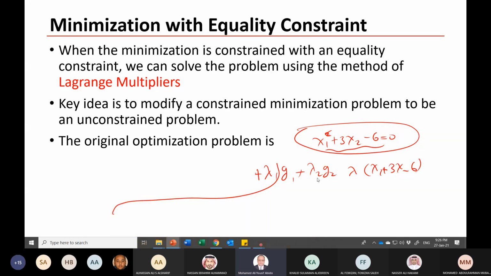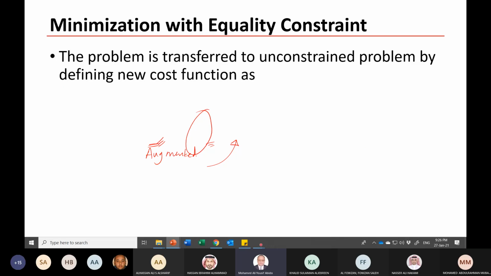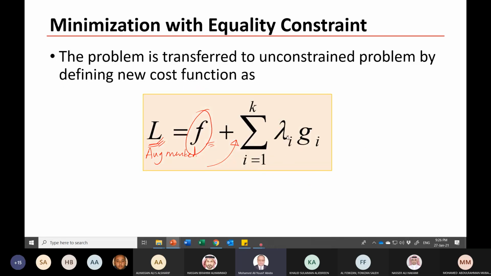So you convert the constrained optimization to unconstrained optimization here. And here you have x1, x2, x3, x4, and so on. Now you add another parameter, lambda 1, lambda 2, lambda 3, lambda 4, and so on. So in this case, instead of having only 3 parameters, you expand this to include all these lambdas.